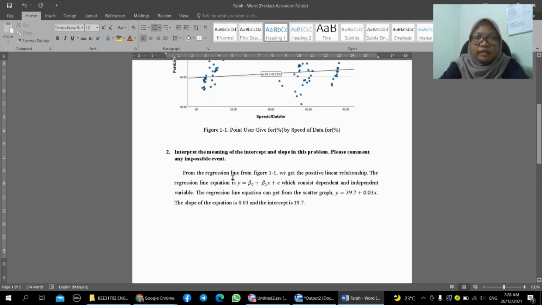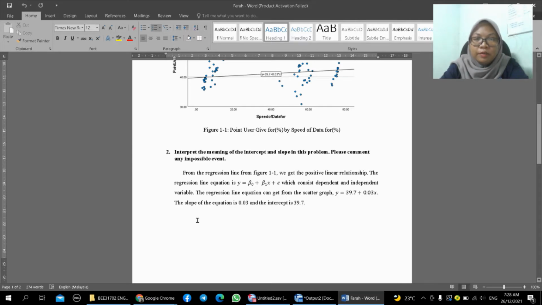Interpret the meaning of the intercept and slope in this problem and discover any impossible event. From the regression line in figure 1, we can see the positive linear relationship, and the regression line equation is y equal to beta naught plus beta 1 x, which consists of dependent and independent variables.